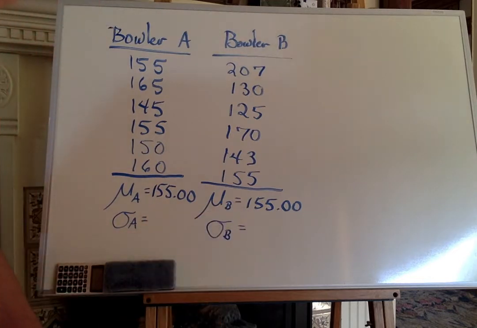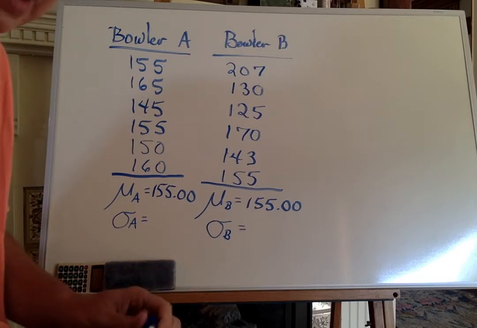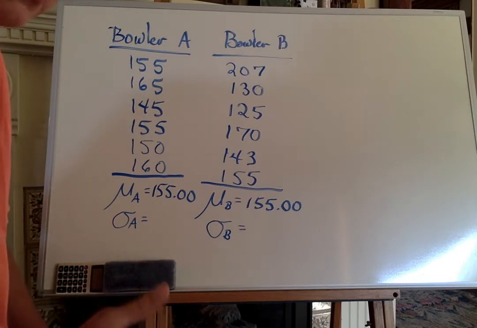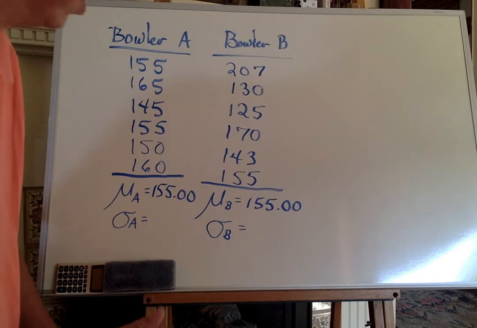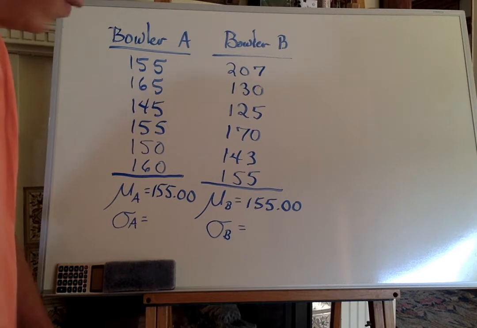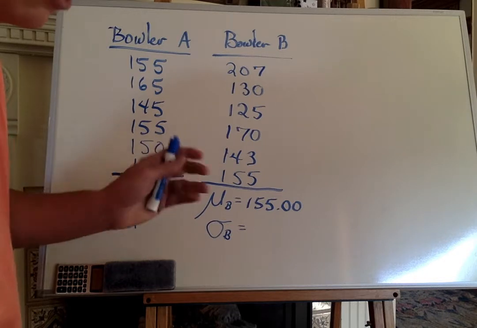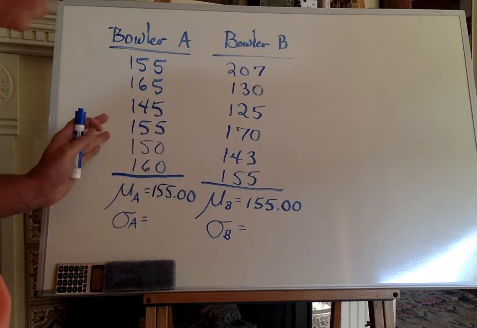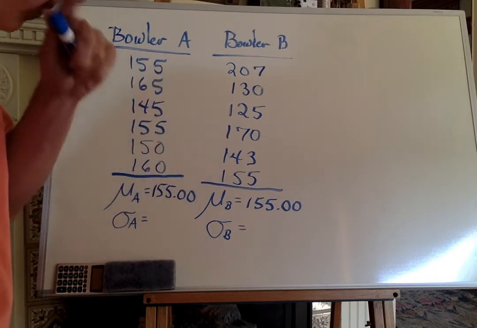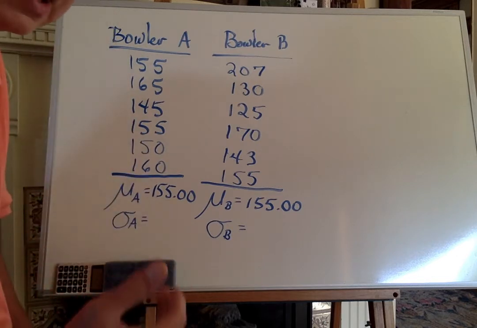Okay? Now, by the way, you might think to yourself, and I hope you do, well, why don't we just use the range? Because this group has a much larger range than this group, and so that would give us a measure of variability as well.